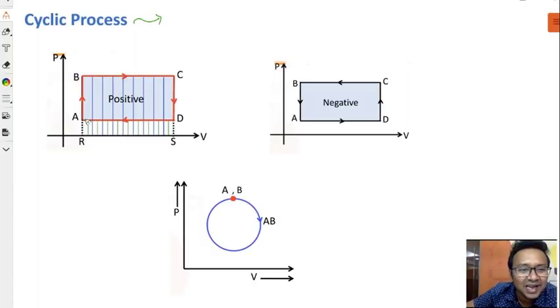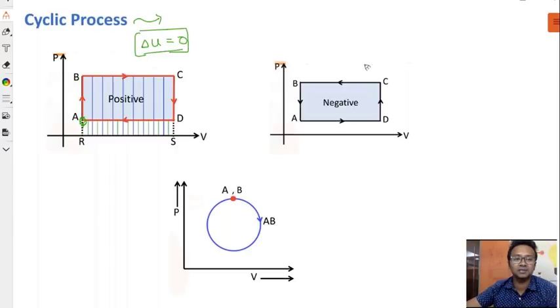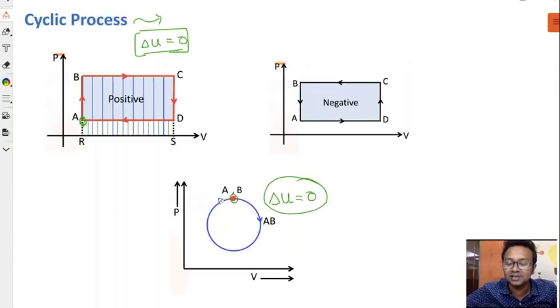Students, a cyclic process means it started out here, went into a full circle, and ended out here. So at this point, what will be the change in internal energy? It is going to be zero. Remember this point. If it starts from point A, goes round and comes back to the same point, delta U is equal to zero, my dear students. Now there are two more things that you need to understand.